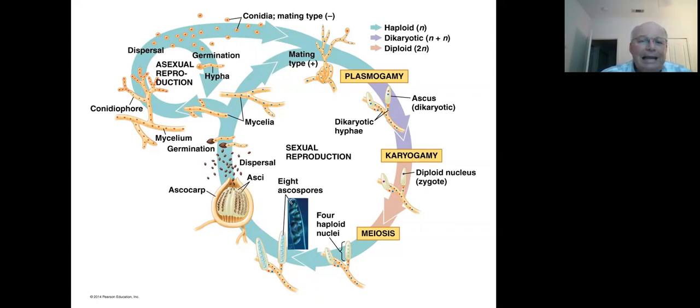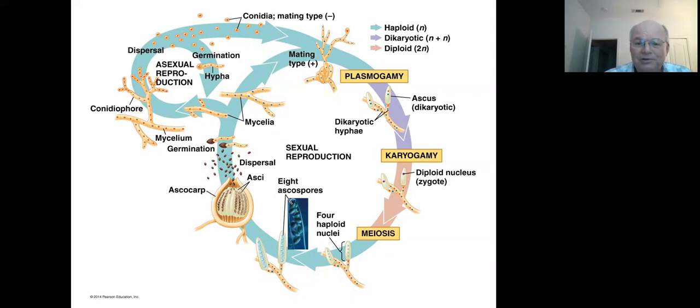Now, here we have the possibility for sexual recombination, because during meiosis, you have the reshuffling of the genetic material. You should remember that as part of your Biology 1 course. You learned about meiosis and the fact that you have chromosomes being recombined as part of meiosis.